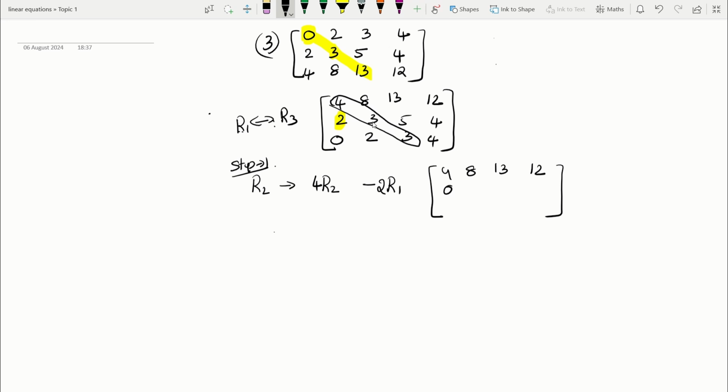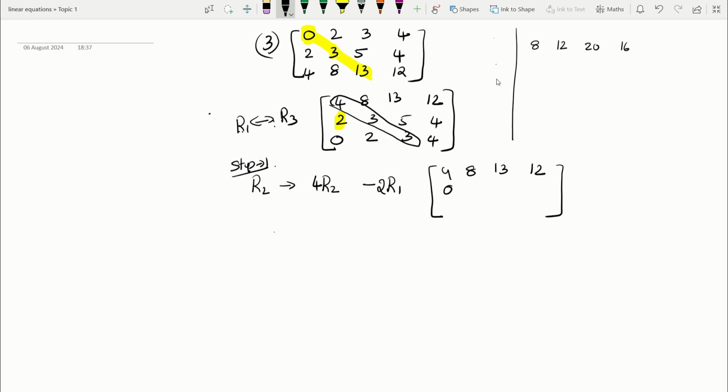right, 4, 8, 13, 12. Then here, if I make 8 into 0, and what I said, 4 R2, 4 3s are 12, right?